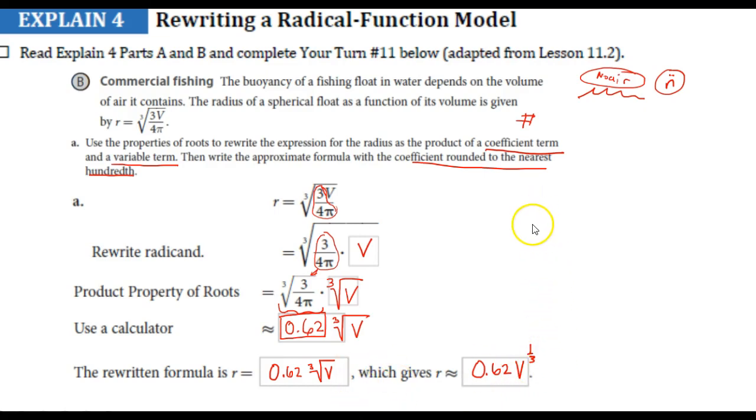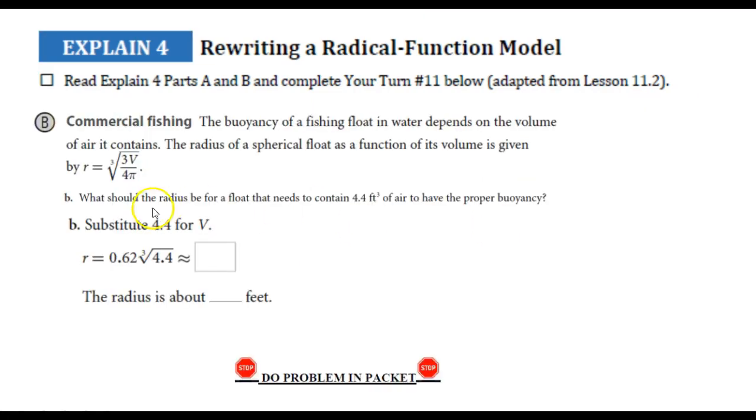In part B, we're going to use this newly found equation to work this out. You'll see that it asks what the radius should be for the float that needs 4.4 feet cubed of air to have proper buoyancy. So this would be what we'll put in for our volume. And just to double check our work, make sure that our equation was about right.